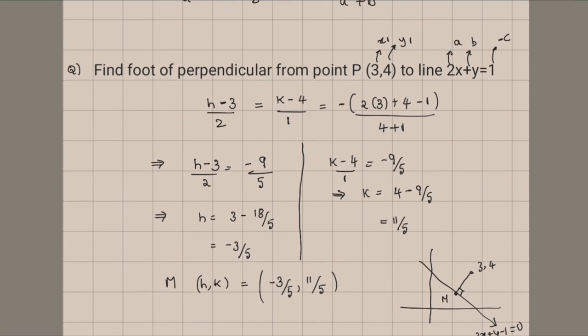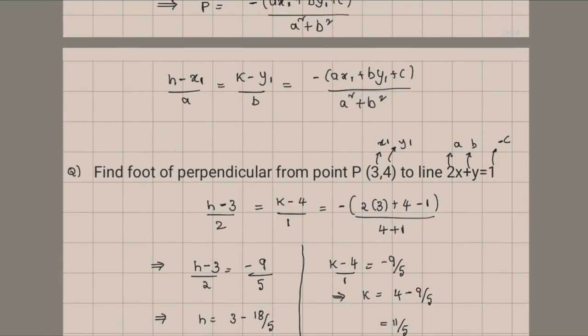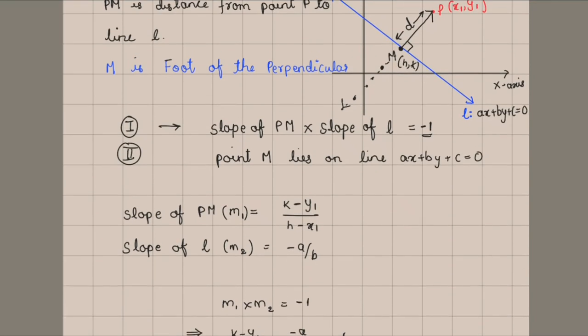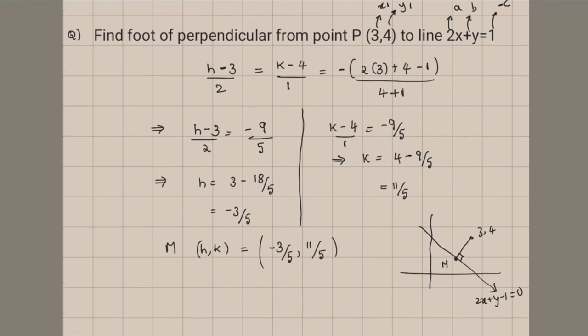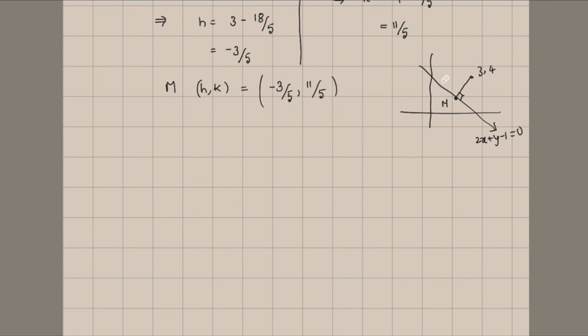And suppose you forgot this final equation? Then you need to solve by the procedure which I have said, solving these two equations. Let's do it by that. As we know a point P and the equation of L, the slope of PM should be perpendicular, as the line PM is perpendicular to the line 2x plus y minus 1 equals 0. This is the second method.